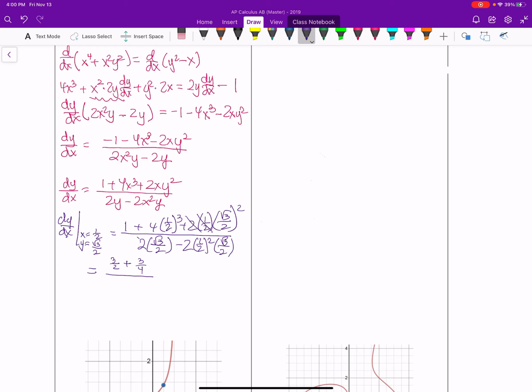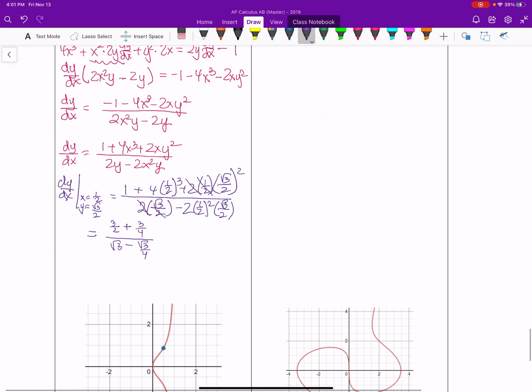And then over here, these twos cancel out, and I end up with the square root of 3 minus, let's see, 2, a set of 2, so that would be the square root of 3 over 4 is what I'm seeing so far. So maybe multiply the numerator and denominator by 4 so you don't have a fraction within another fraction.